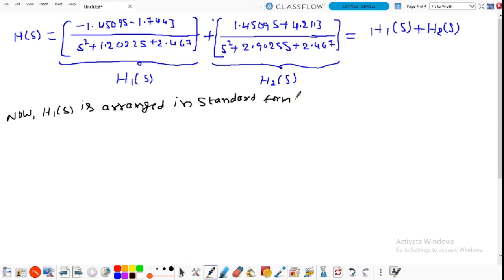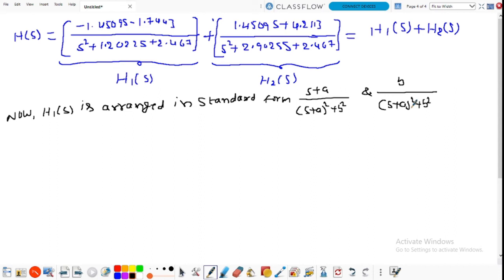So H1 of S and H2 of S are arranged in these standard forms.